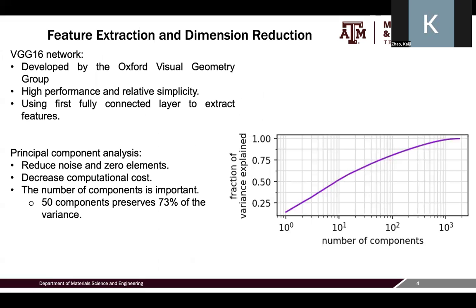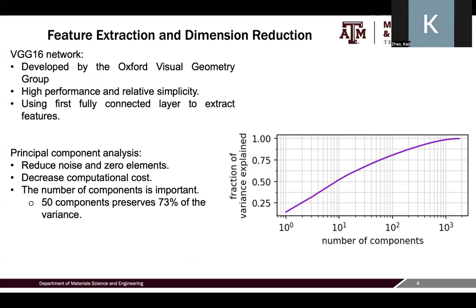Next, let's talk in detail about the workflow. After pre-processing the data, they choose to use a process named transfer learning to extract features. Transfer learning means using intermediate layers of a pre-trained CNN to extract meaningful features for images.